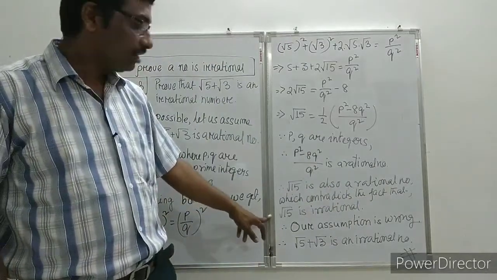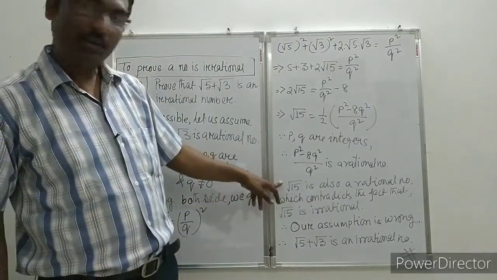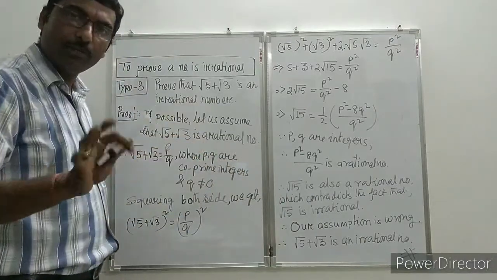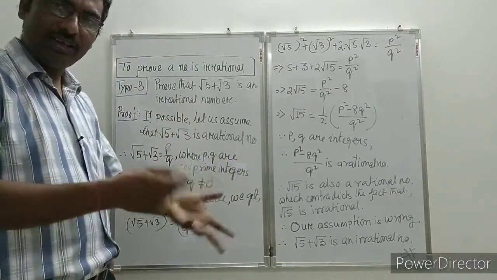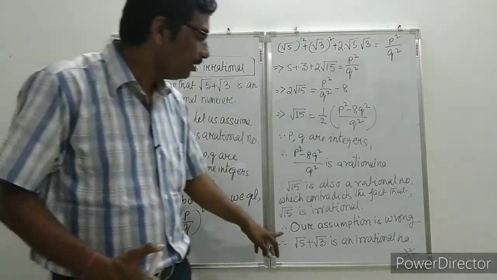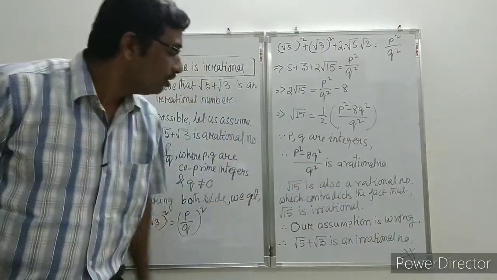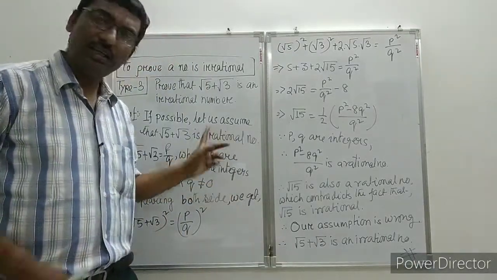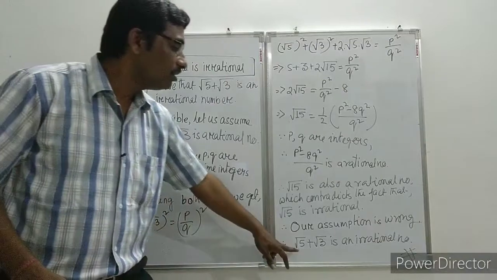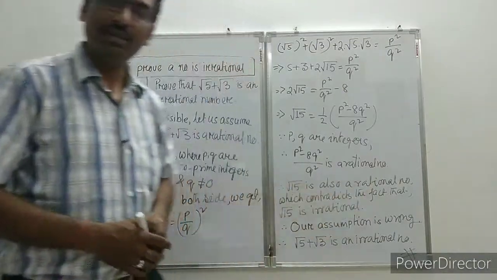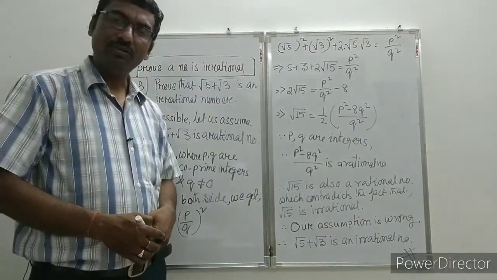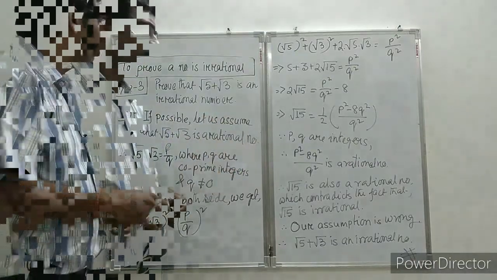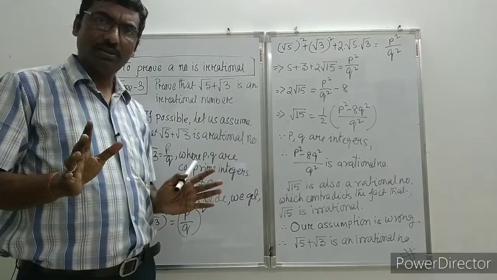If root 15 is irrational and we are getting root 15 is rational, that means what we have assumed is completely wrong. That's why writing, therefore our assumption is wrong. Our assumption means what we have assumed, it is rational. If it is wrong, that means it is an irrational number. Understood? So these are the three different types of sums. Okay, is it clear?